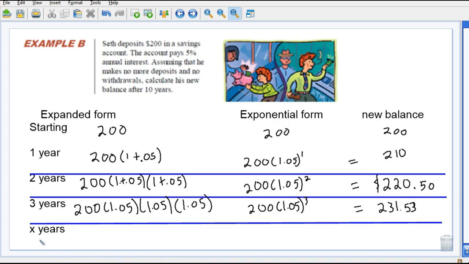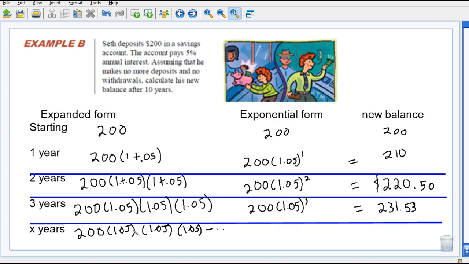So after any number of years, x years, my expanded form would be 200 times 1.05 times 1.05 times 1.05, and I'm just going to put 3 dots. It means it's going to continue on this track for x years.